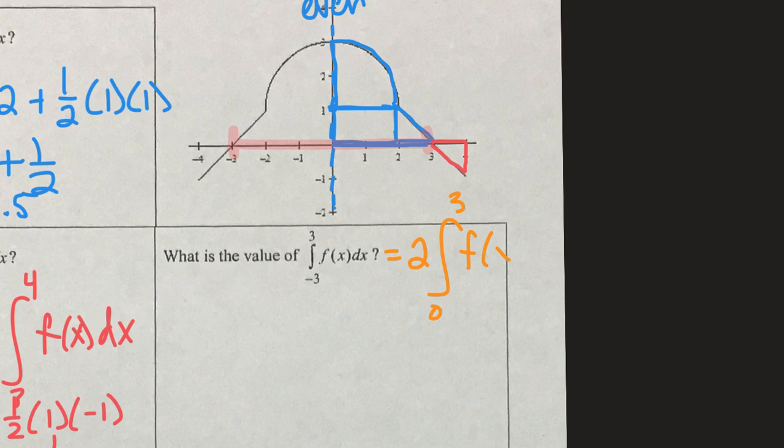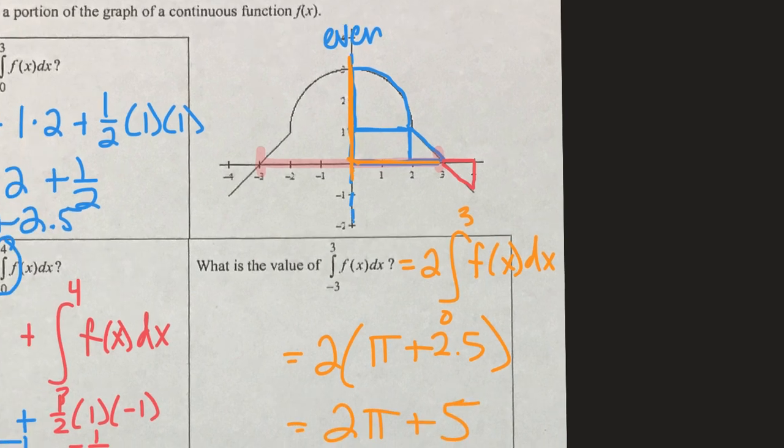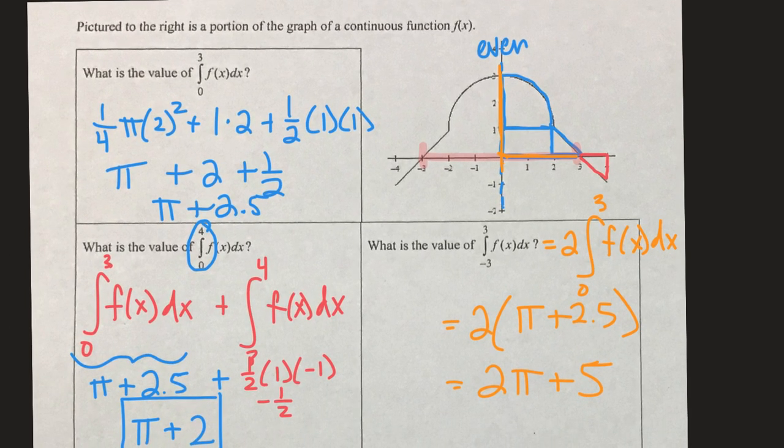There's no need to do more work than we've already done. Because it's an even function, from -3 to 3 is the same as doubling 0 to 3. Since we've already done 0 to 3 at pi plus 2.5, let's just double that and get 2 pi plus 5 as the answer from -3 to 3.